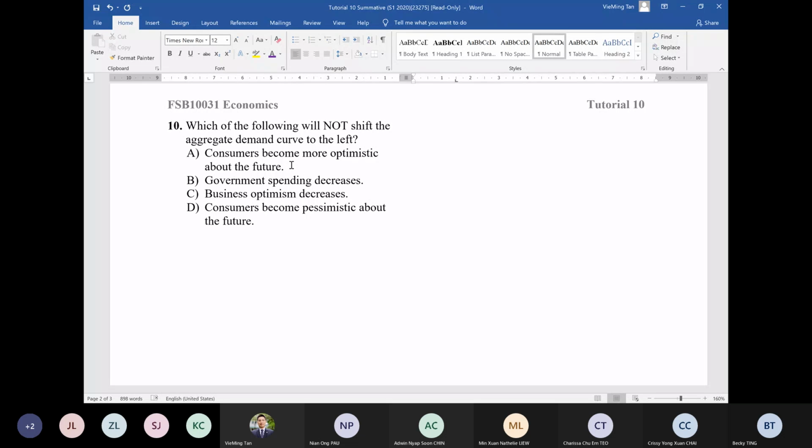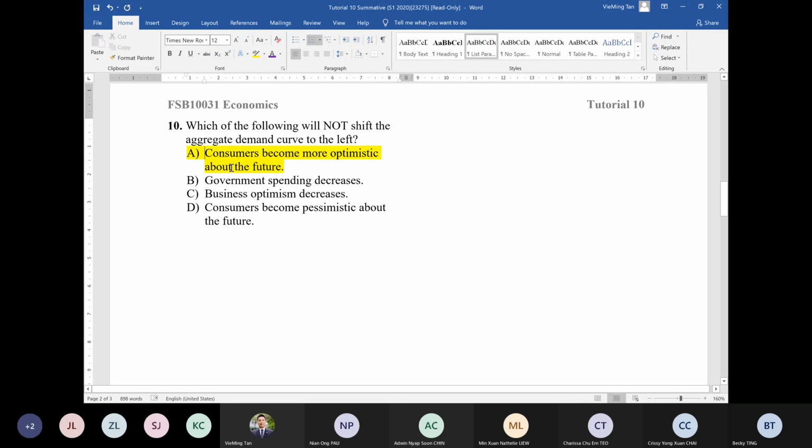Then this should increase the C. And if the C increases, this should increase the AD and shift the AD to the right hand side. So option A should shift the AD to the right, but not the left. So options B, C, D all will shift the AD to the left, except option A.